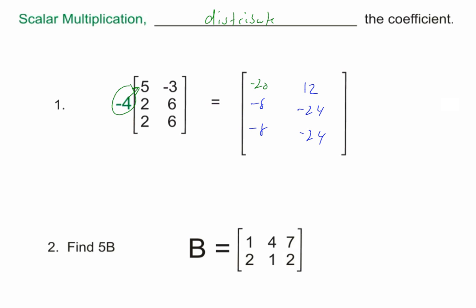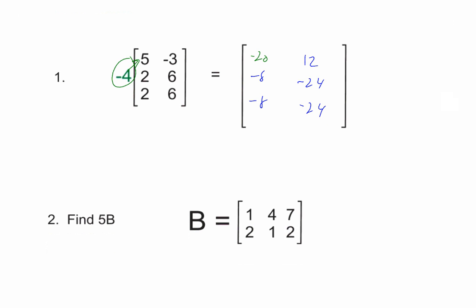We're not going to do B for time's sake. But let me just tell you this. If they said 5b, then 5b is going to be a 5 multiplied times the b, right? And you just multiply every spot by 5. What if I said negative 2b?